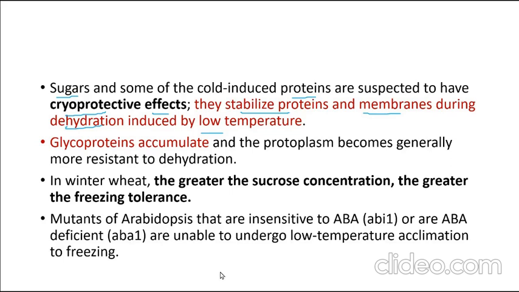Both the mutant of ABA and the ABA deficient Arabidopsis are unable to show low temperature acclimation, because ABA is an important hormone that also helps to combat the freezing stress. So when ABA was not there, it was seen that they are not able to acclimate to freezing.